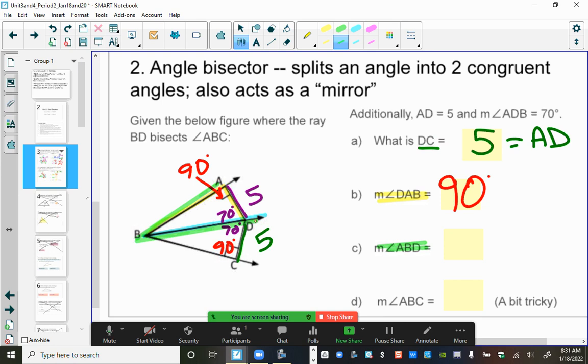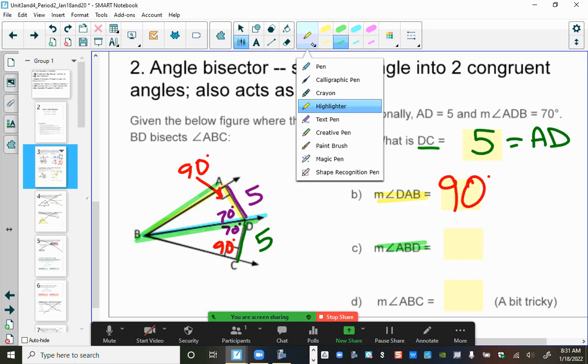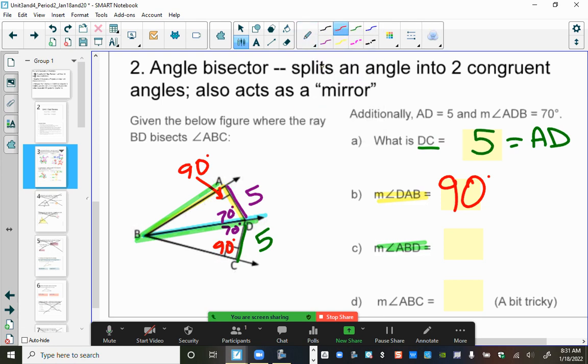So far we have a 90 and a 70. How much is that? Check your calculators. 160. So how many more degrees do we need to get 180? 20. That's a 20-degree angle.